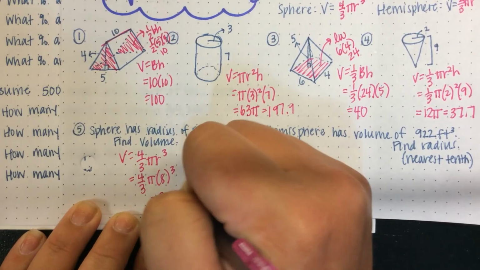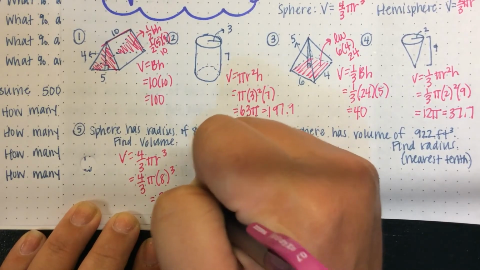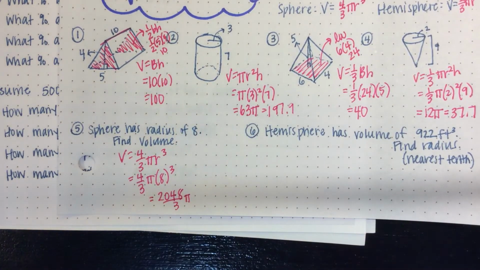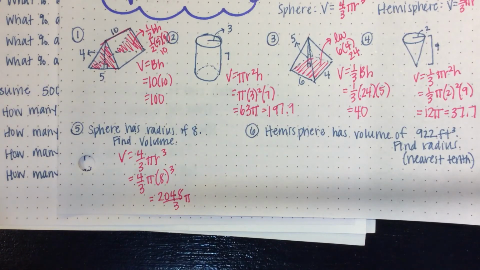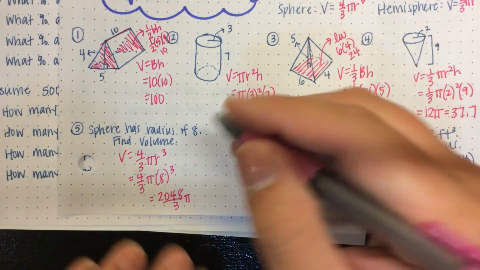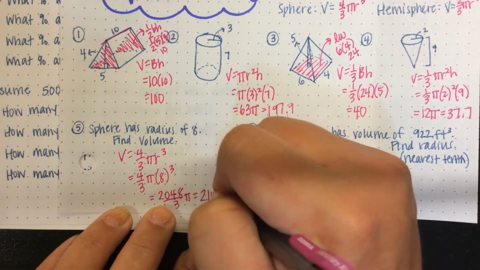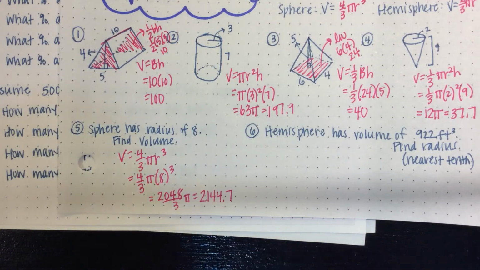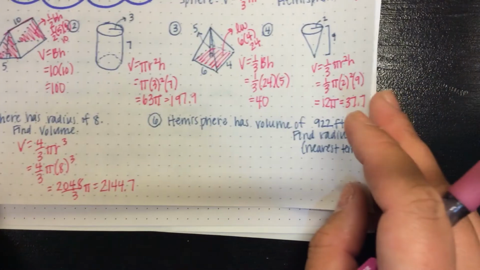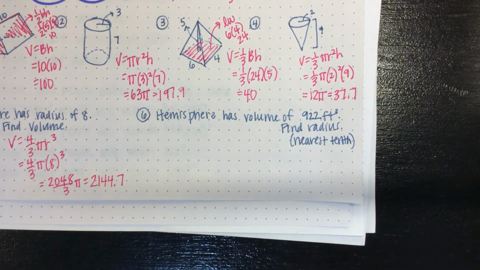So my exact amount would be 2048 over 3 times pi, which is not very pretty. But, oops, I'm going to type it in the calculator to get our decimal, and we get this huge number, 2144.7. So there's our rounded answer.